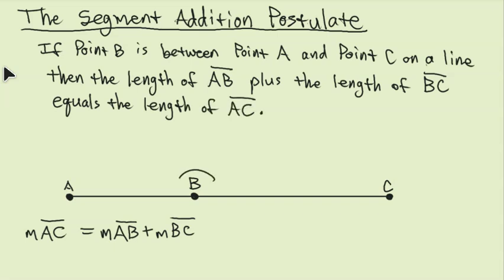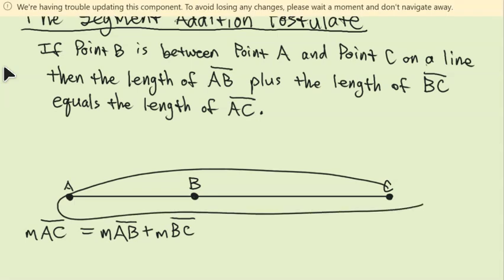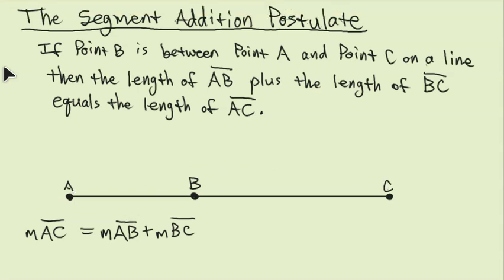Okay, so look, point B is between point A and point C on this line, and therefore the length of AB plus the length of BC is equal to the length of AC. That's the segment addition postulate. Now let's go on to the angle addition postulate.